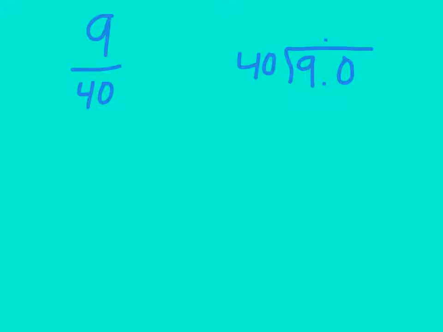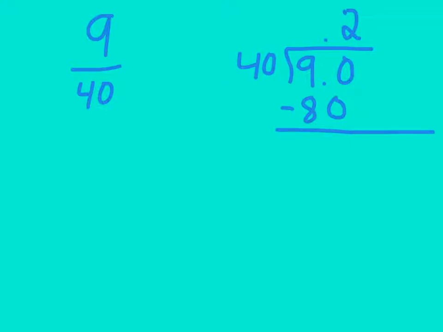All right, so we have to do the numerator divided by the denominator, so 9 divided by 40. 40 can't go into 9, so I've already added my decimal point, and I've added a 0. Now 40 goes into 90 2 times. 40 times 2 is 80.